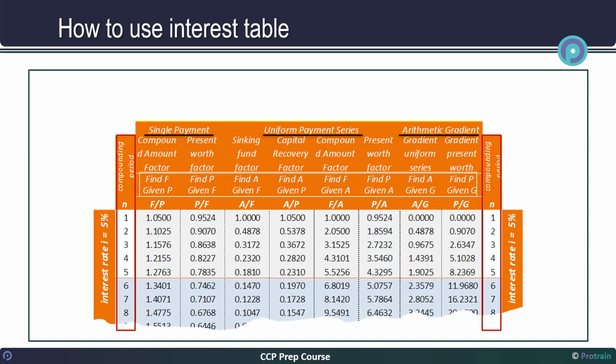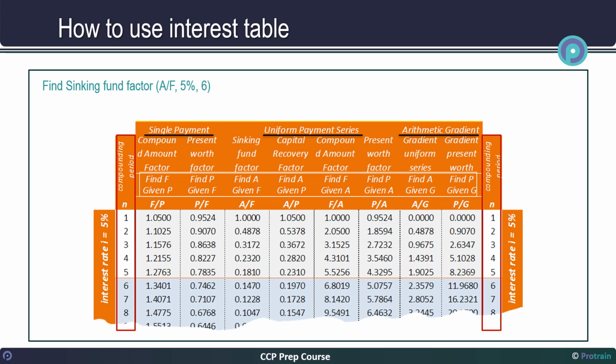Let us take a small example to learn how to use the interest table. Suppose you want to find annuity when future value is given. Here we shall use the sinking fund factor. Say we want to find the sinking fund factor for a 5% interest rate and for 6 compounding periods.